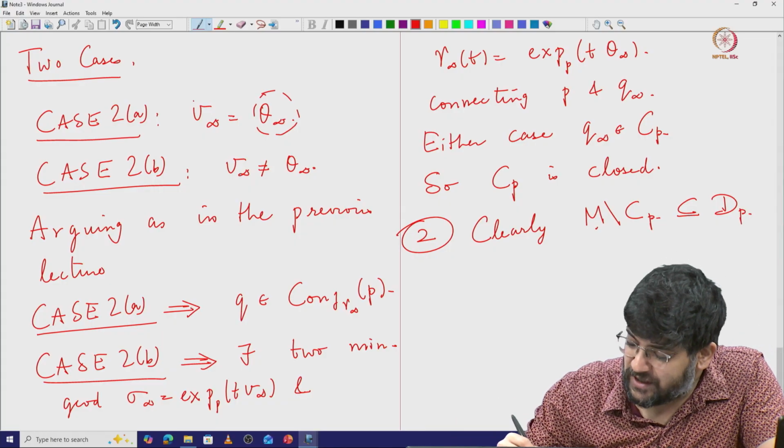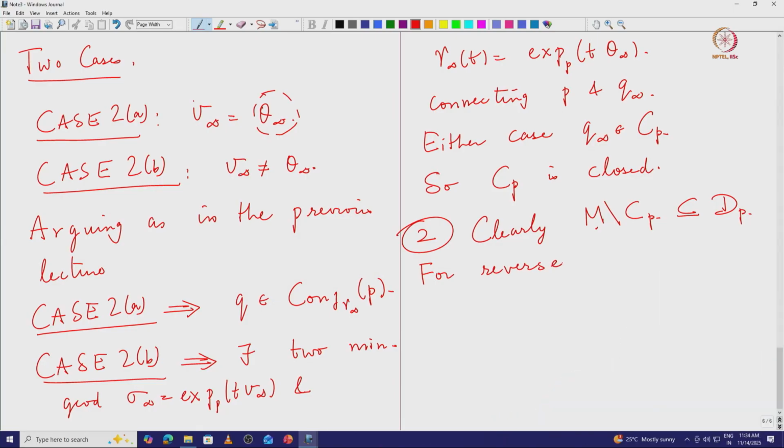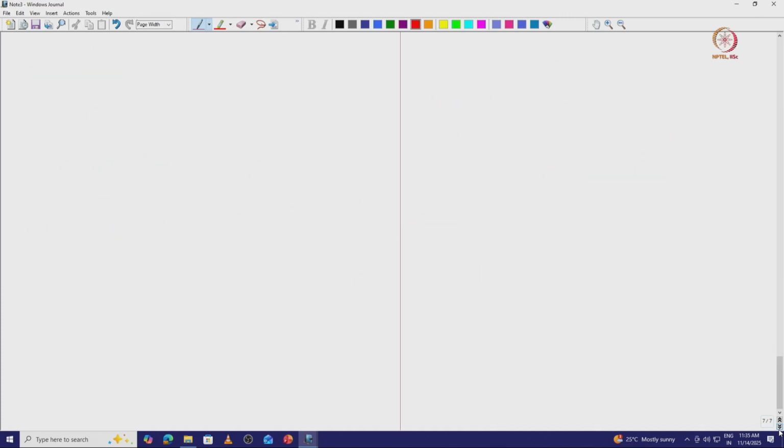Okay, so for the reverse inclusion, I have the following claim: that the exponential map from the segment domain in the tangent space to the segment domain in M is injective. Okay, assuming this, let us prove the reverse inclusion.